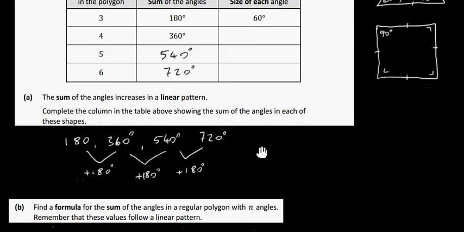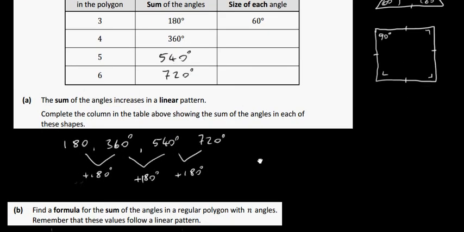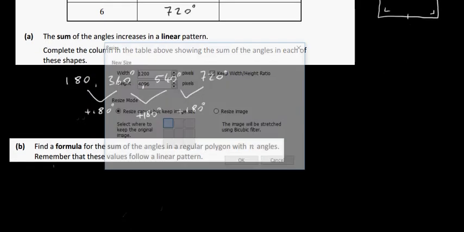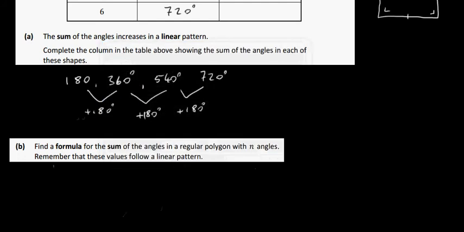Now there's a couple of ways of doing this, but normally when you have a linear pattern like this, you write your formula down as Tn, or in our case the sum of the angles is going to be equal to whatever the first difference is. In our case it's 180n. Let's just see, does that work?